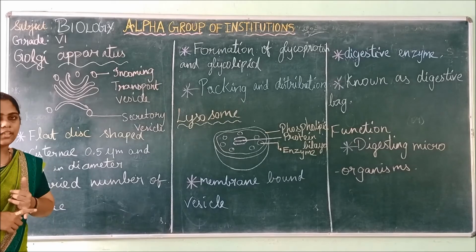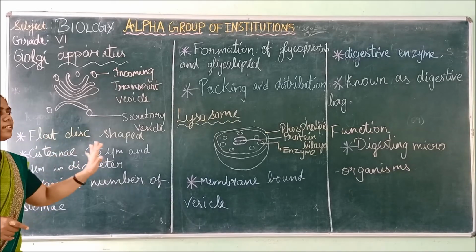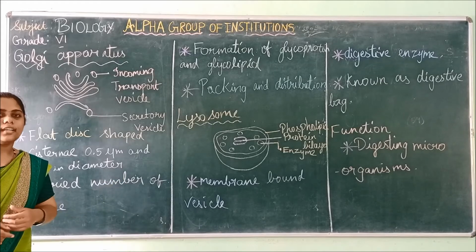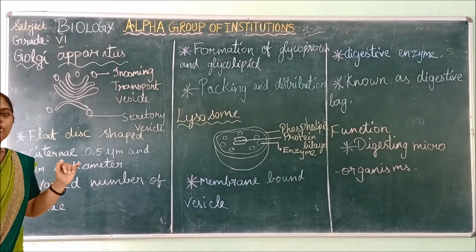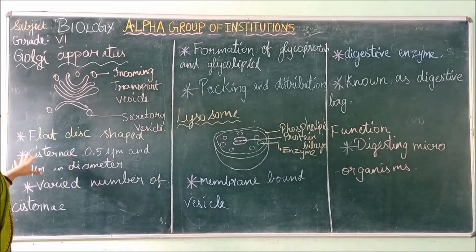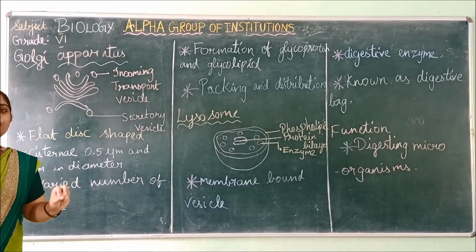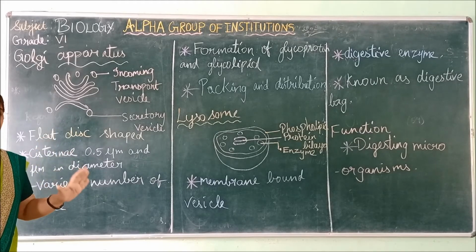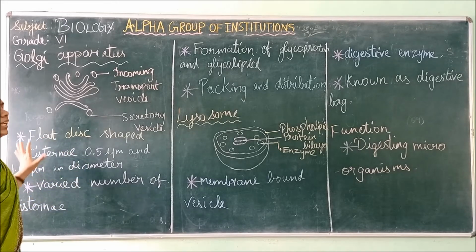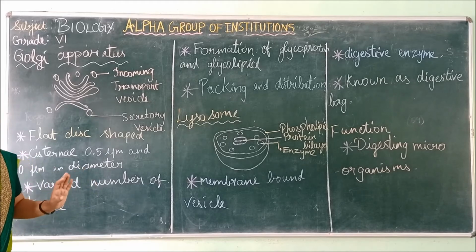The endoplasmic reticulum, Golgi apparatus, mitochondria and lysosome. These organelles come under the endomembrane system. In that system we saw about endoplasmic reticulum, so you know what it is. Next is the Golgi apparatus. What is the Golgi apparatus?